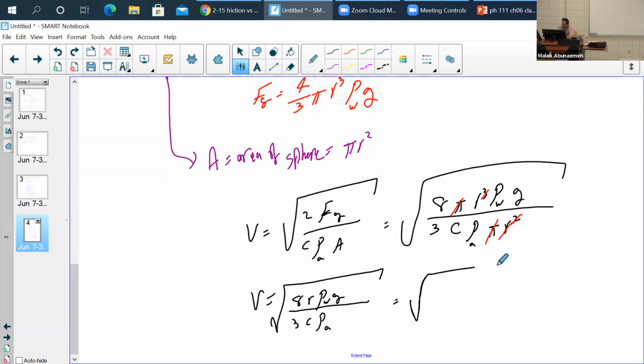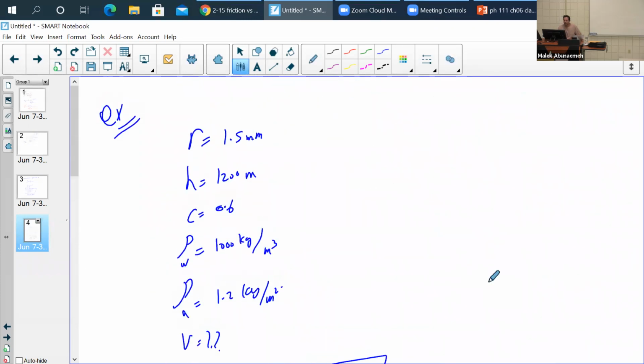Let's go ahead and substitute the numbers. So it'd be 8 times your 1.5 millimeters. We needed meters, so it'd be 1.5 times 10 to the negative 3 meters. Let me go ahead and write this down on top.